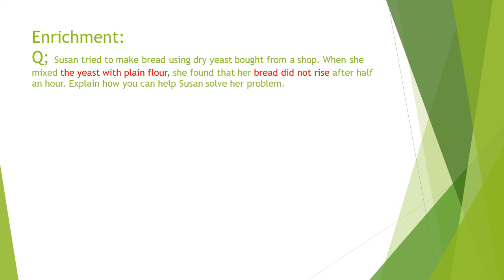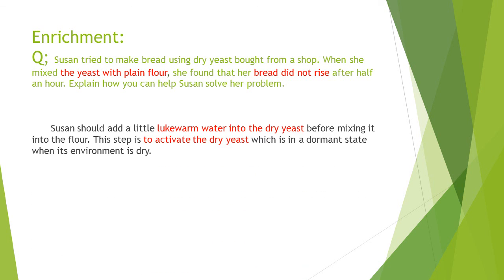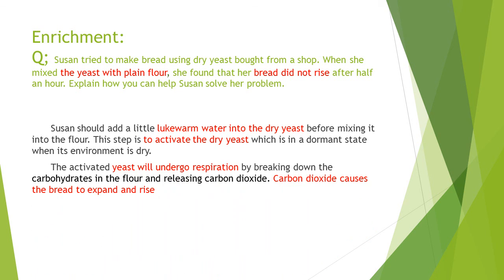Okay, another question, the last question. The girl tried to mix the yeast with plain flour, and the bread did not rise. Why? It's because of warm water. She should have added warm water to the dry yeast to make sure the yeast is activated. The activated dry yeast undergoes respiration, so it will produce carbon dioxide.